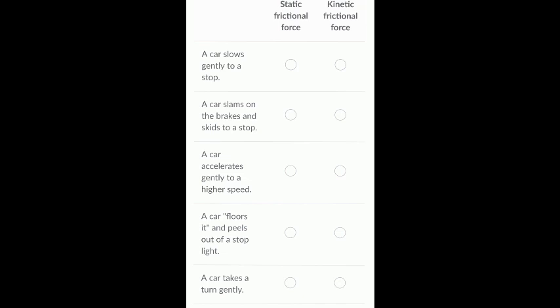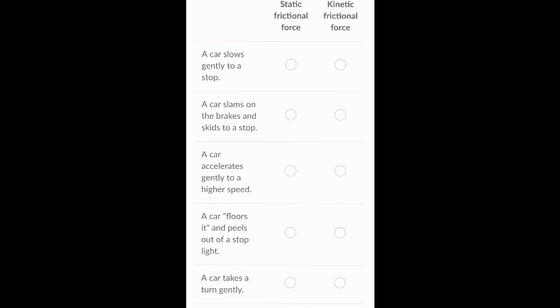Let us see 5 questions, and I will give you 2 minutes to work on this. You have to identify whether it is static frictional force or kinetic frictional force used. First one, a car slows gently to a stop. Identify whether it is static or kinetic. Second, a car slams on the brake and skids to a stop.